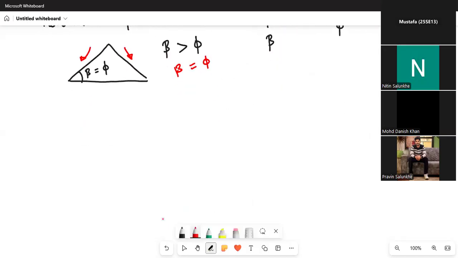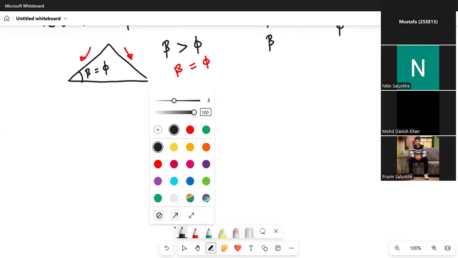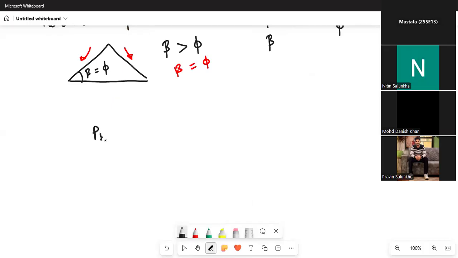So what we got: pH equal to p into cos beta, and what is p? P, already we have known what is p.